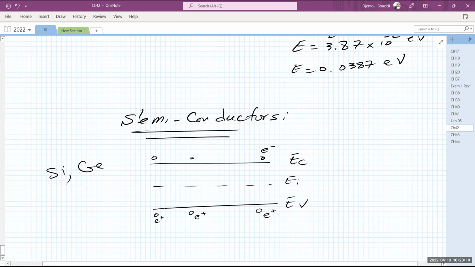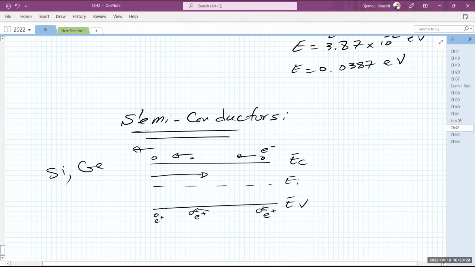So if I apply an electric field, let's say, for example, in this direction, well, the electrons have a negative charge, so they start moving this way. The electrons that are in here, bound to their silicon atoms, actually find an empty space in here and they jump in it to fill it.